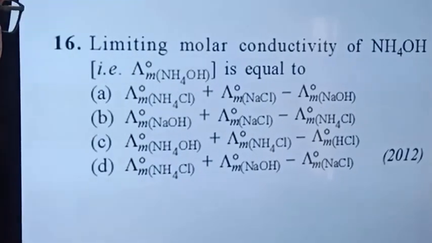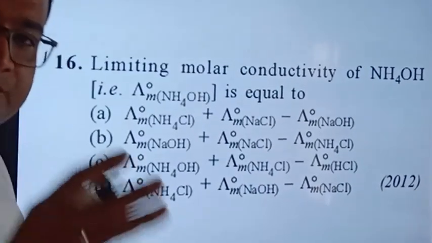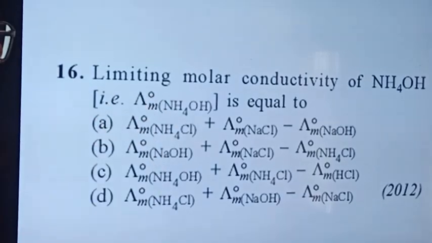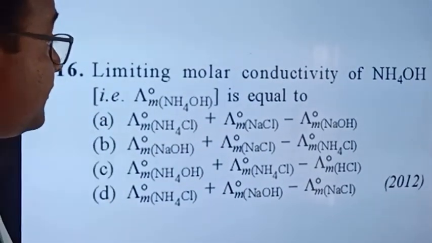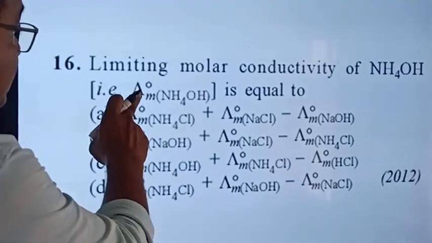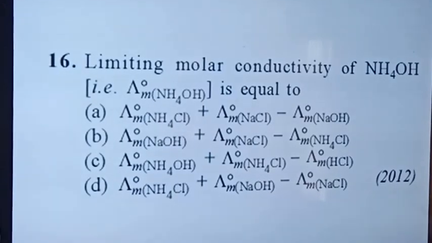Question number 16. A beautiful, very simple, direct question based on the Kohlrausch law and limiting molar conductivity. The limiting molar conductivity of ammonium hydroxide, that is lambda naught m of ammonium hydroxide, is equal to what?